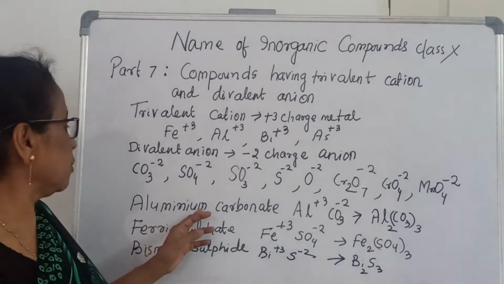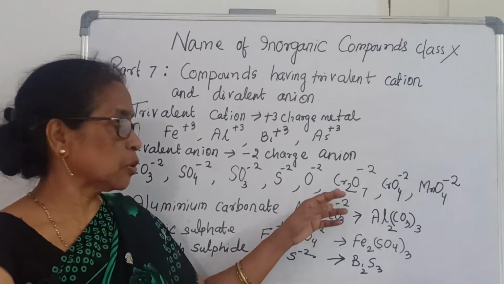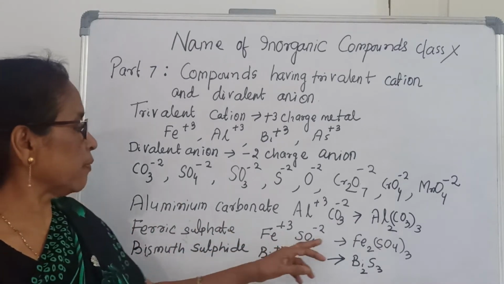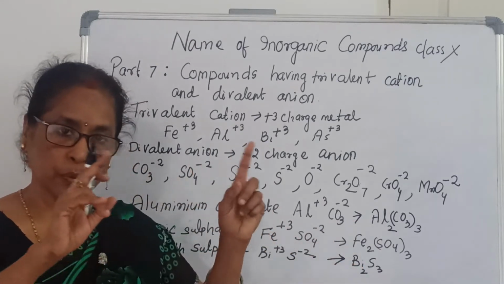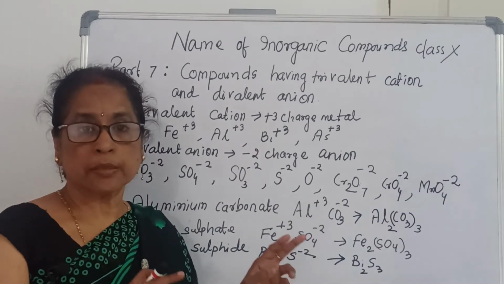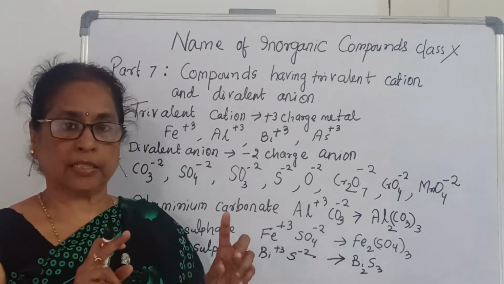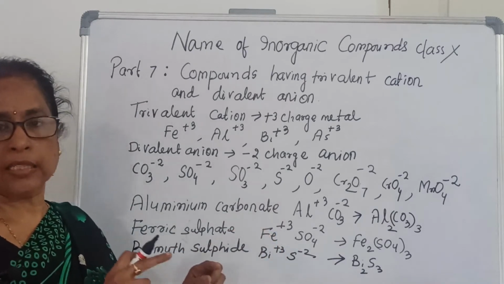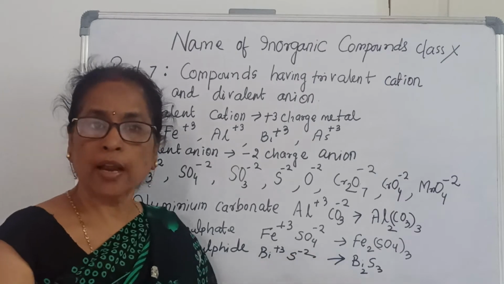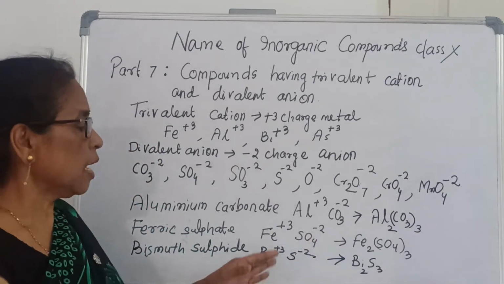An example: aluminium carbonate, Al plus 3, CO3 minus 2, Al2(CO3)3. Similarly, ferric sulfate, Fe2(SO4)3. Similarly, bismuth sulphide, Bi2S3. That means 2 will come to Bi and 3 will come to sulfide. So the formula is Bi2S3.